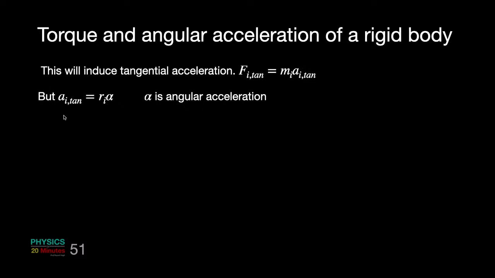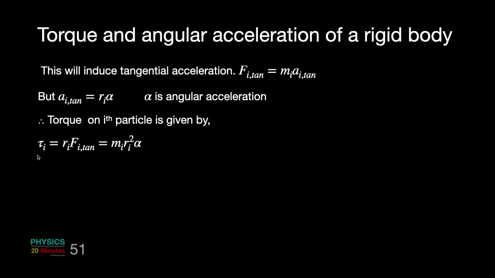Linear acceleration of the ith particle, which is tangential acceleration, is equal to r alpha, where alpha is angular acceleration. This relation we derived two classes before when we did kinematics of rotation. So the torque on the ith particle, if I combine everything, is tau equal to R into F, but in place of F I can write ma, and in place of a I can write r alpha.